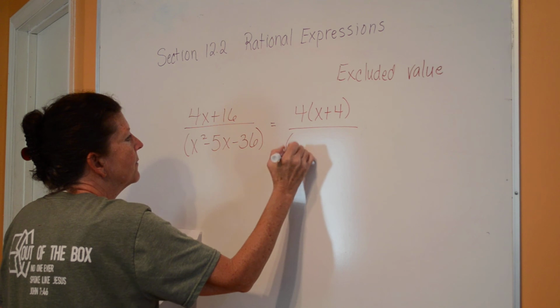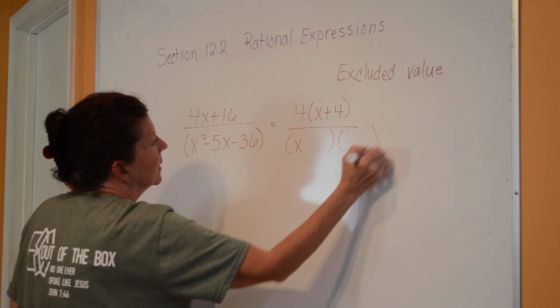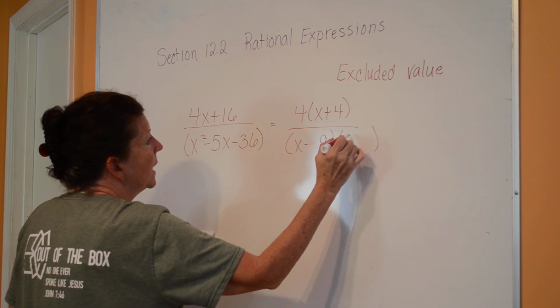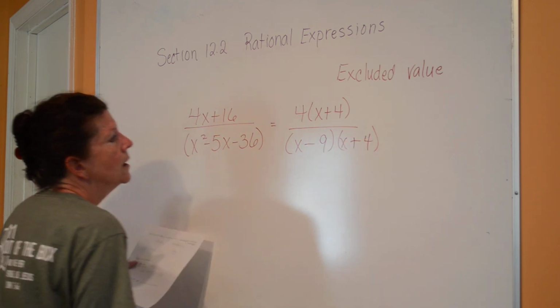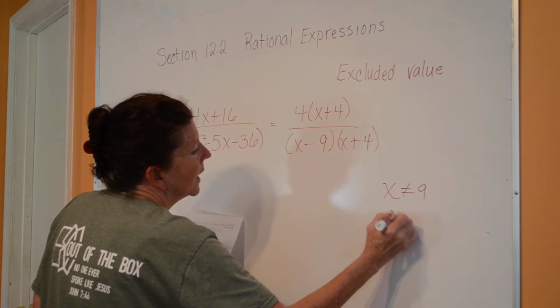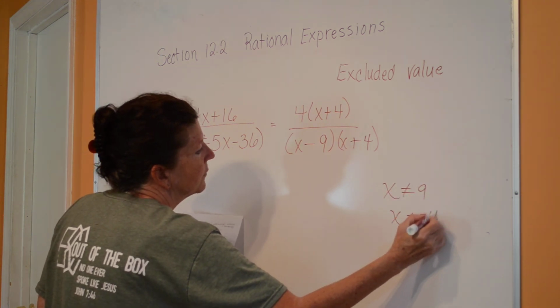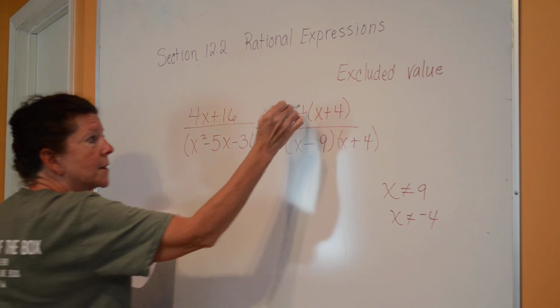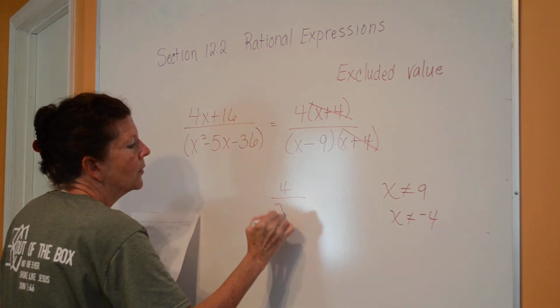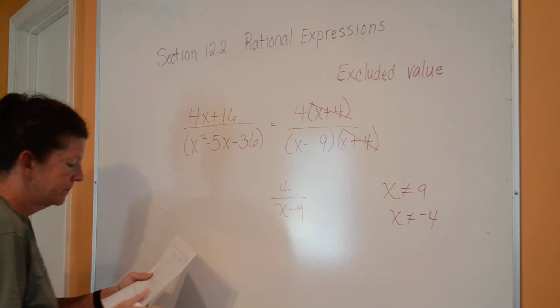On the bottom, I'm going to factor this into negative 9 and positive 4. So my excluded values are x cannot equal 9, x cannot equal negative 4. When I go to simplify, that and that mark out, so I have 4 over x minus 9.